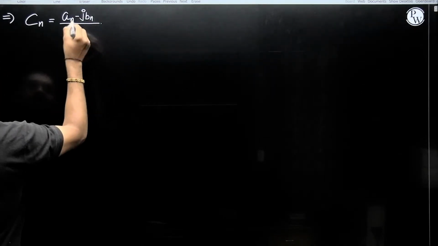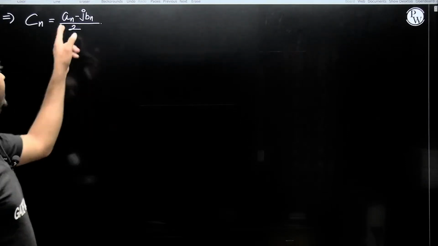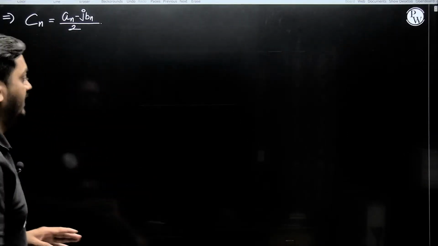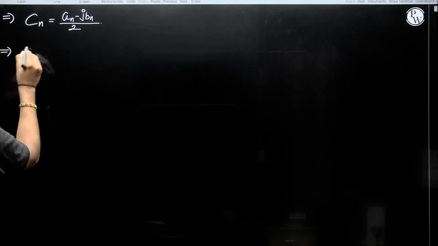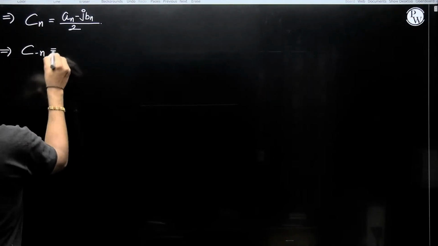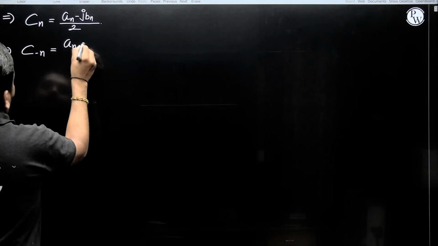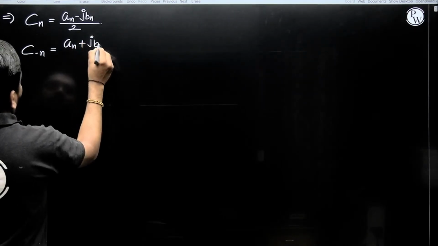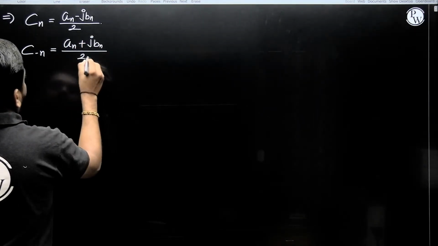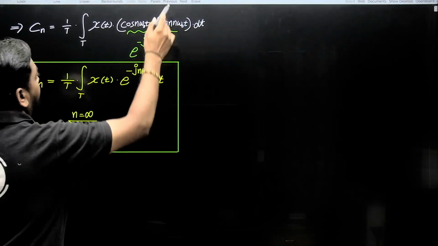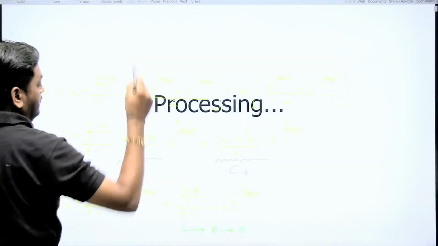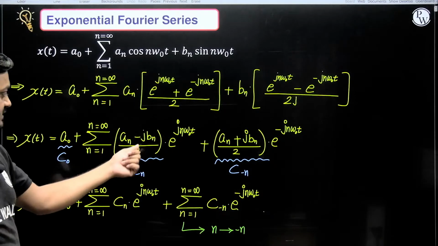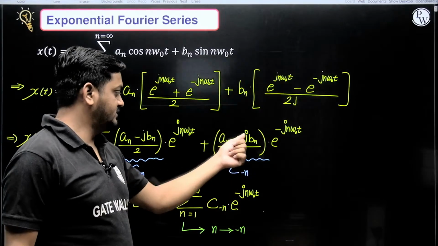If we have a n and b n, then you can find c n from this one. And what is c minus n? c minus n is a n plus j b n divided by 2. You can see here c n is a n minus j b n by 2, and c minus n is a n plus j b n by 2.